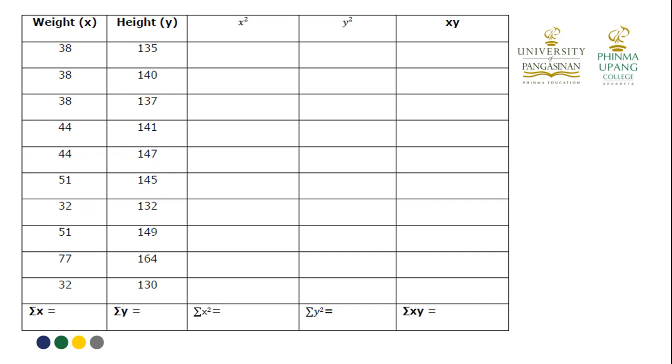Bibigyan kayo ng table. So solve kayo. So what is 38 squared, guys? 38 squared is 1444.